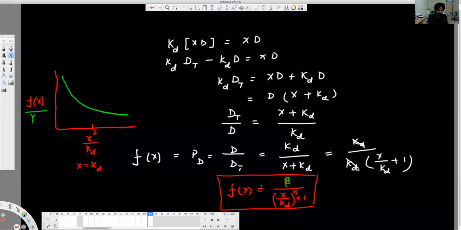If n is equal to 2, which means dimer, then this curve becomes like this. If n becomes 3, then this becomes like this. So you can think of it: if you increase n, after a while we get a function which looks like a step function, and this change will happen right at the value 1. This is the value 1 here.